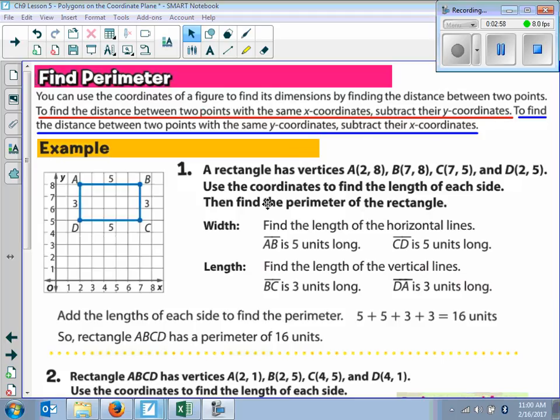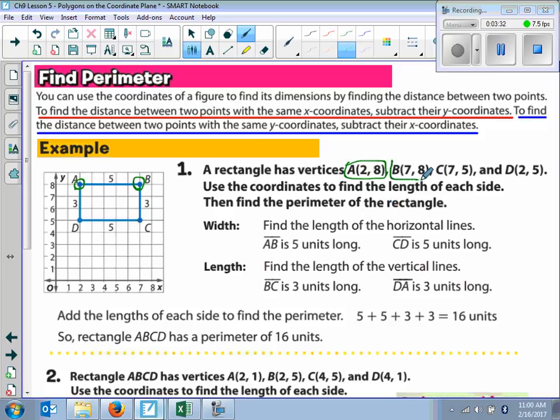So if I'm looking at example 1, it says a rectangle has these vertices. We want to use the coordinates to find the length of each side, and then find the perimeter. From point A to point B: A is (2, 8) and B is (7, 8).